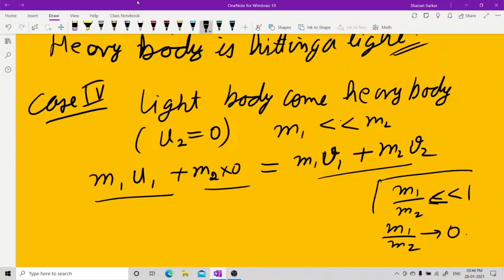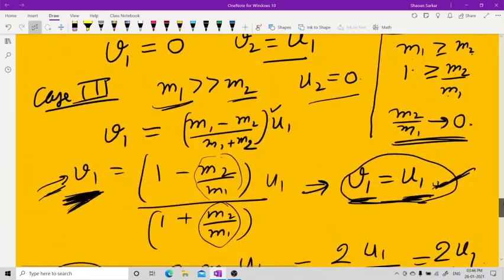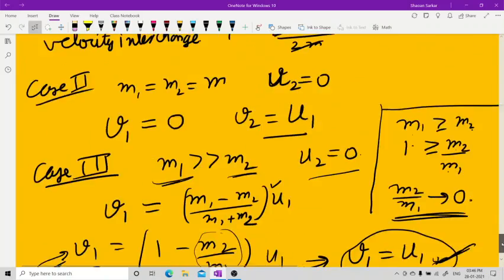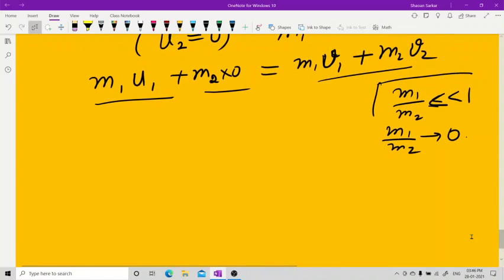Now let's go to the same expressions for V1 and V2 and see what happens. U2 is 0, so what will happen to V2? This term is gone, and we are left only with this portion.